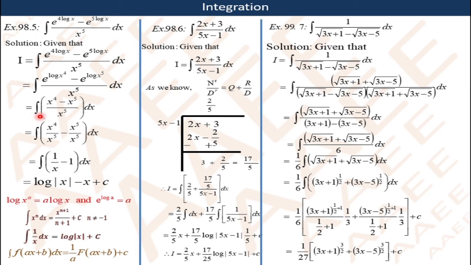This sum will carry 2 marks up to this point. This one will carry 3 marks: up to here 2 marks, the rationalization carries 1 mark and the final formula carries 1 mark. Like this, 2-mark sums will be there.